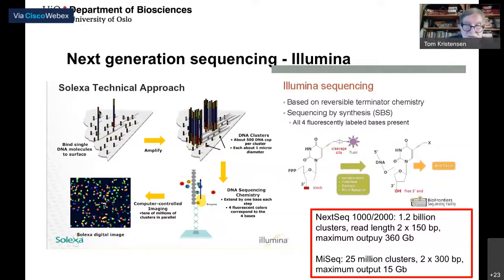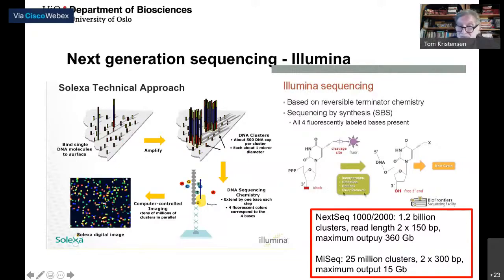These clusters of DNA could then be sequenced, and in the Illumina technology, they use a technique where, instead of using normal nucleotides to synthesize DNA, they use nucleotides which I've tried to illustrate here.